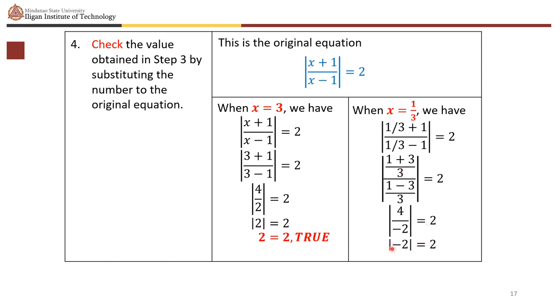So the absolute value of negative 2 is indeed equal to 2, meaning to say the result is also true. And because of that, we now have our solution set, which is equal to 3 and 1/3. So it's the set containing 3 and 1/3.